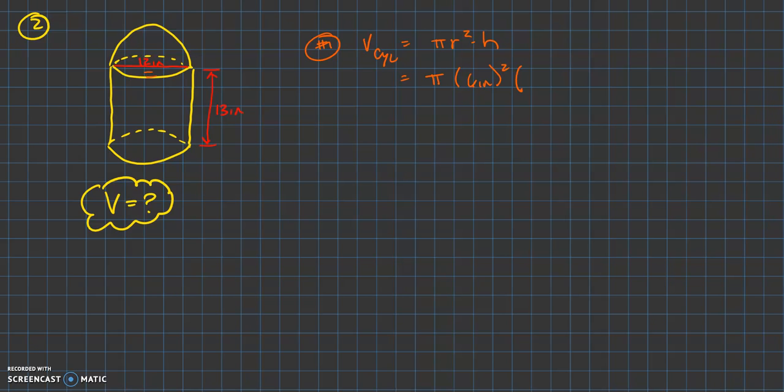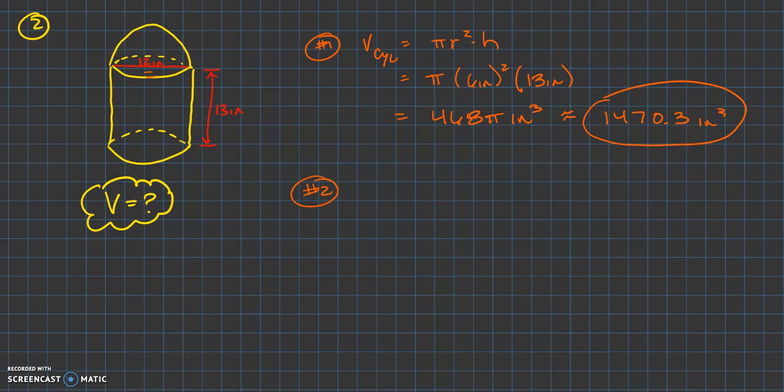I'm going to square the radius and multiply that by 13 inches, the height. Once I do the math, I square 6 and multiply it by 13. I'm going to have 468 pi cubic inches, and that is approximately 1,470.3 cubic inches. This is a number that I'm going to need in just a moment to calculate the total volume.